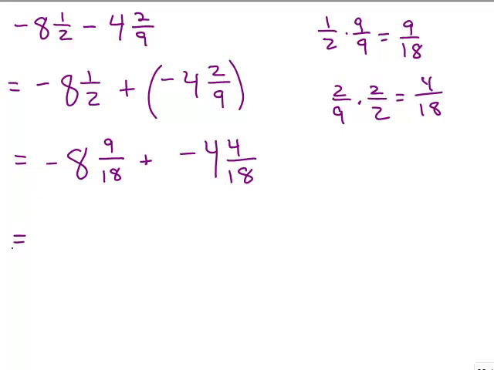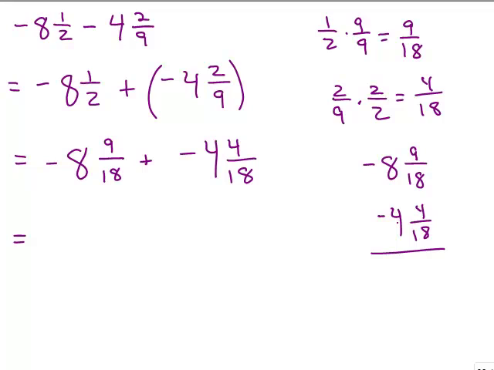Okay, this one's going to be a little bit easier to just keep with my whole as mixed numbers, because I'm adding two negatives, so I just add the whole number parts and add the fractional parts. So if you want to do that, writing it down like this, you want to think of it as adding down.